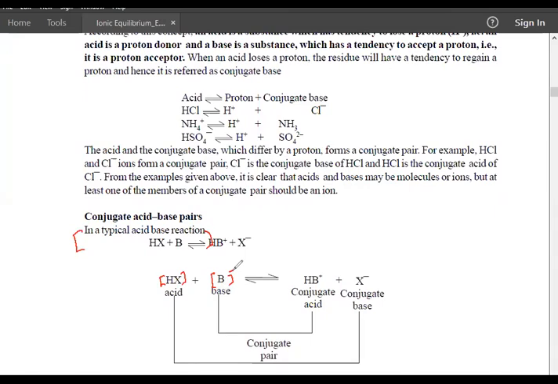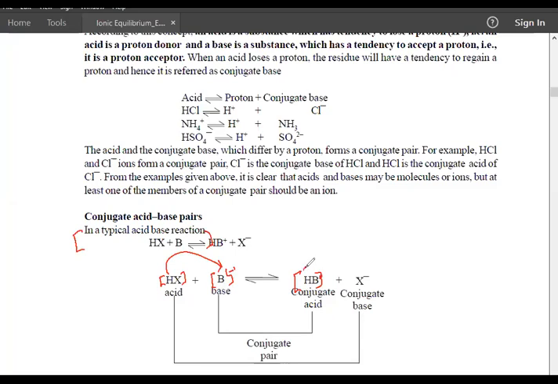B minus, let it be B minus or B, doesn't matter. Now H plus will be released and it will be accepted by B. Now if H plus is accepted by B, we have HB. I'm taking B minus, so it will be HB, for better understanding of actual problems.